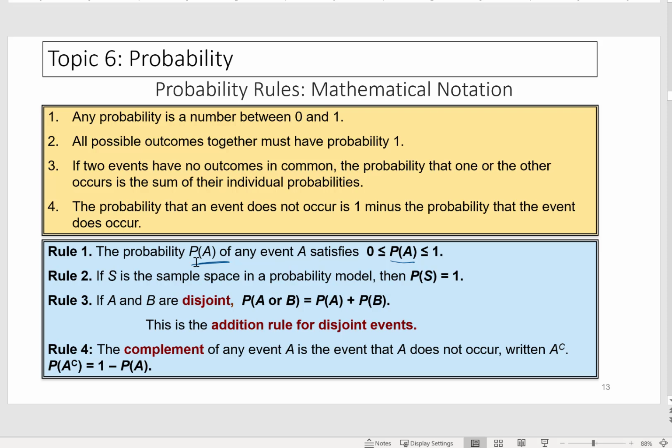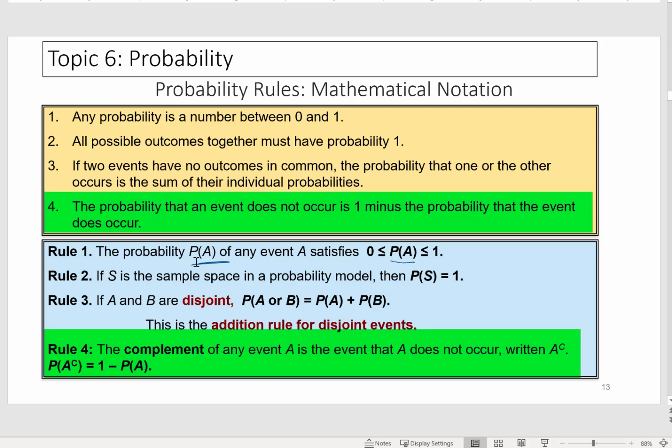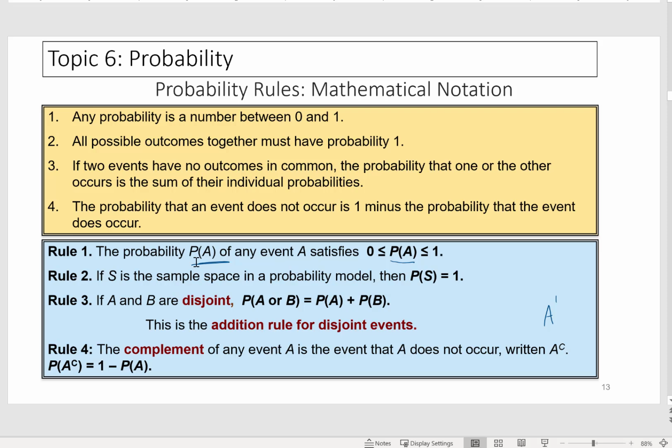The complement of any event A is the event that A does not occur, written A with a superscript C, or sometimes you'll see it with a prime. That's a complement too. So the probability of the complement is 1 minus the probability of A, because remember, A union A prime, or A complement, was the sample space. So the probability of the sample space has to equal 1.